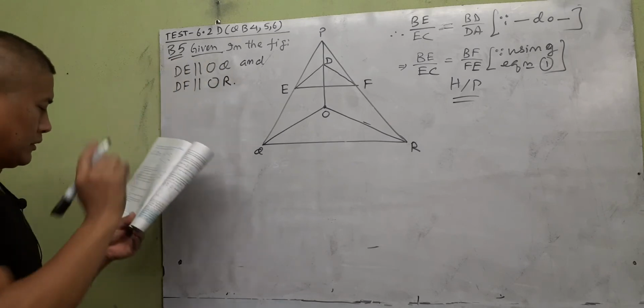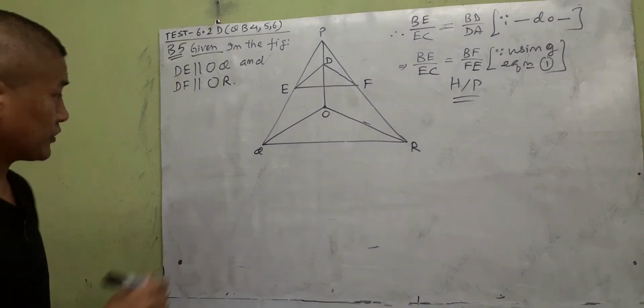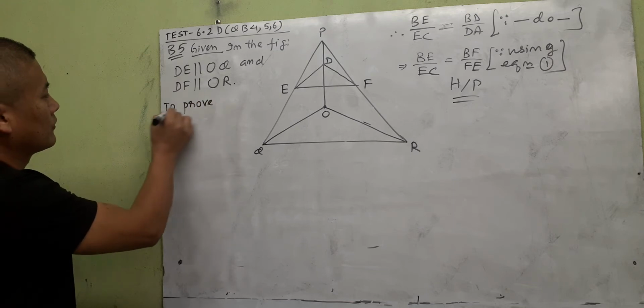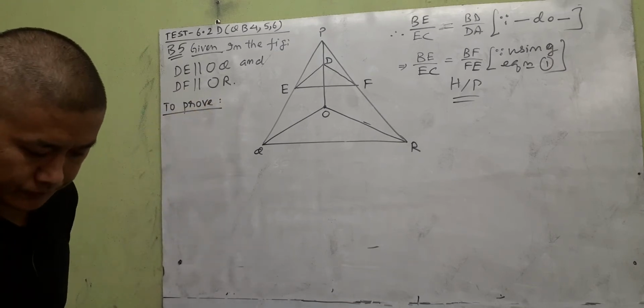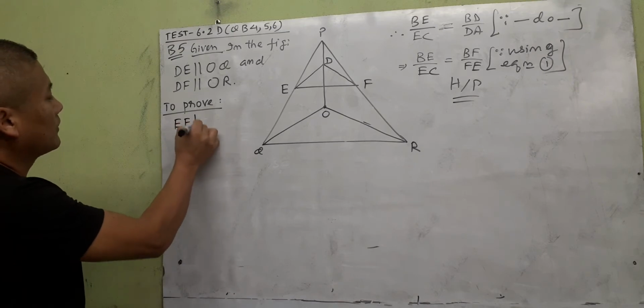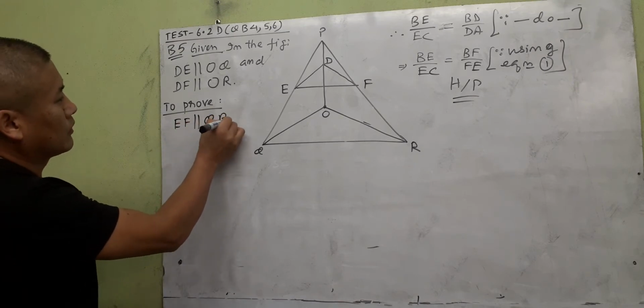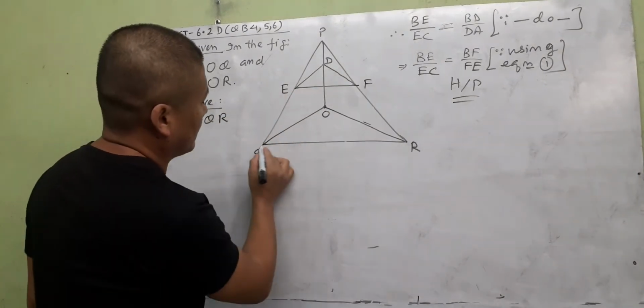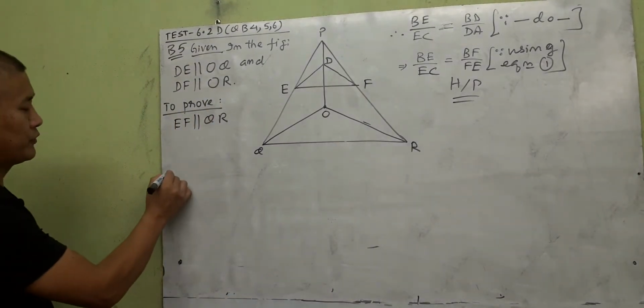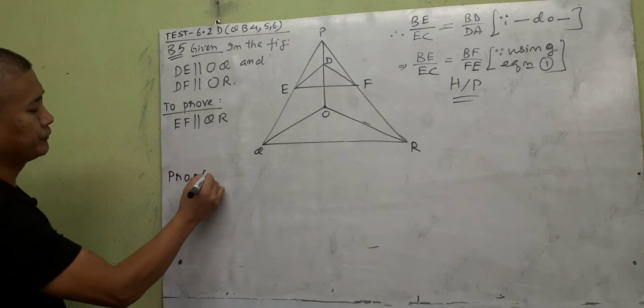These two are given to us. We have to show, that is, prove, that EF is also parallel to QR. The line EF is parallel to QR. For that, let us start the proof, our answer.